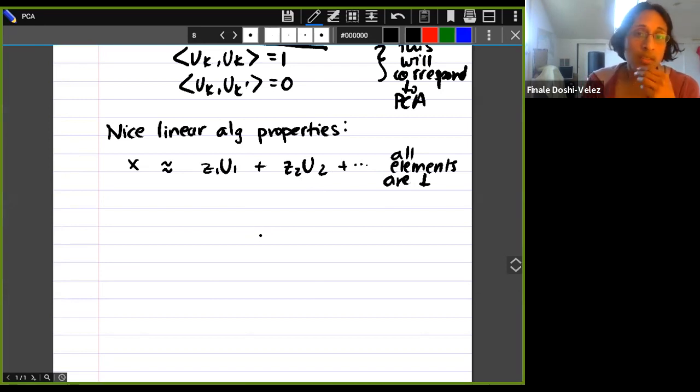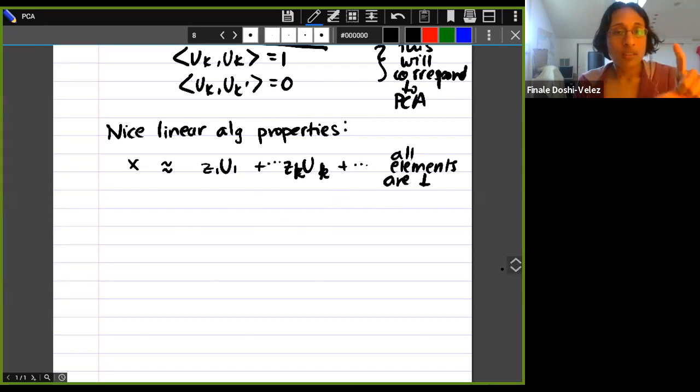Now, actually, I'm going to write it slightly differently. Here's the little k, some little k in the middle. Now, let's suppose that I go through and multiply through by Uk transpose.